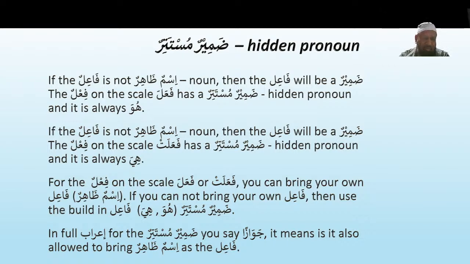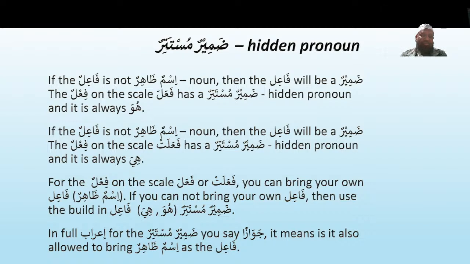In full Arab, for the damirun mustatirun, you say jawazan. It means it is also allowed to bring ismun zahirun as the fa'il. It is also allowed. This is why it is called jawaz, allowed, jawazan.